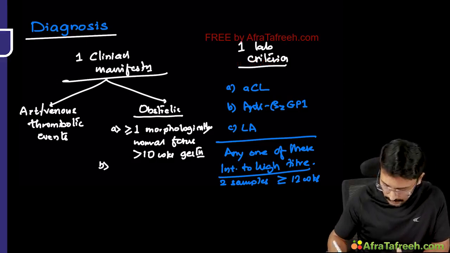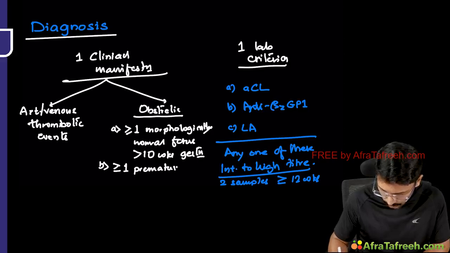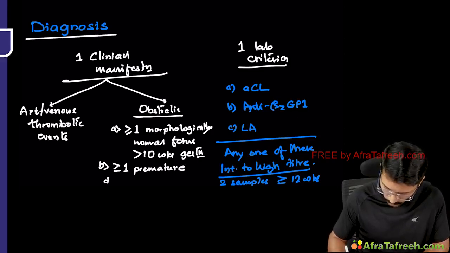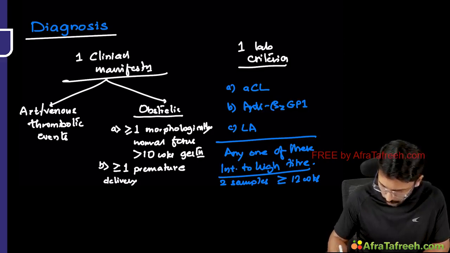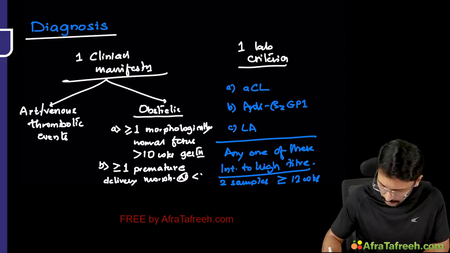Then the second one is one or more premature delivery of morphologically normal fetus under 34 weeks of gestation.